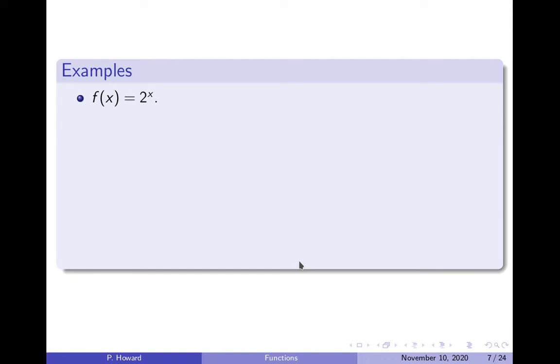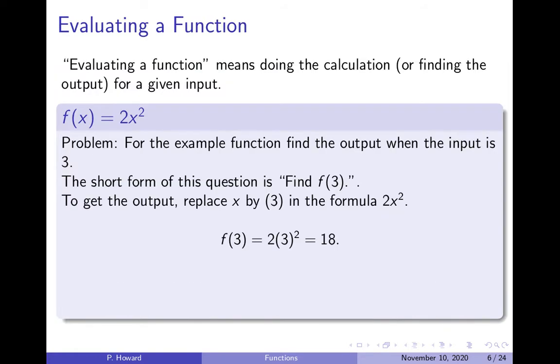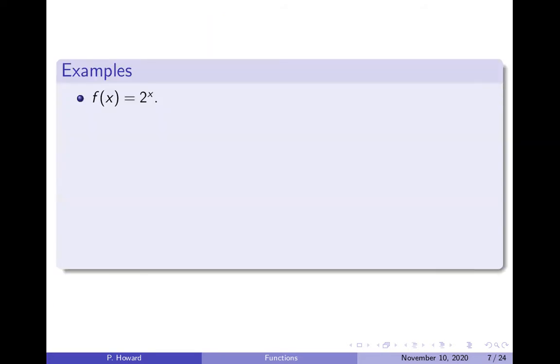Here is another function defined by the equation f of x equals 2 to the x. Let's find f of 3. How do you do this? You take the formula for f, which is 2 to the x, and replace x by 3.